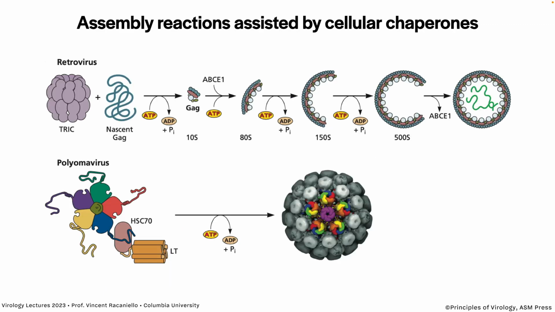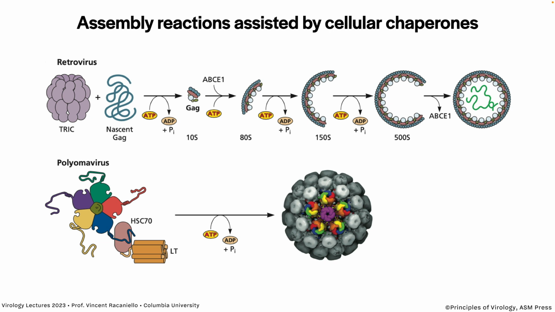Here's another couple of examples of chaperones, and these happen to be cellular chaperones. Again, you don't need to know the details here. I want you to understand the concept that either viral or cellular chaperones can help viral proteins to fold. So at the top we have the production of the retrovirus capsid, which we're going to see in some detail later today.